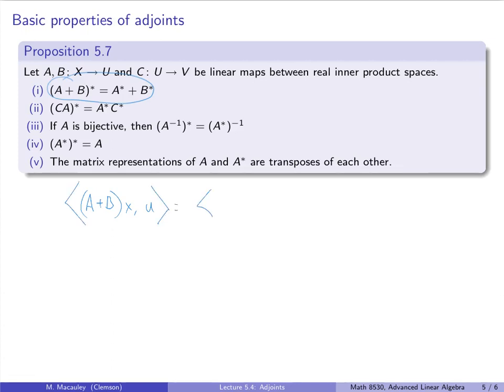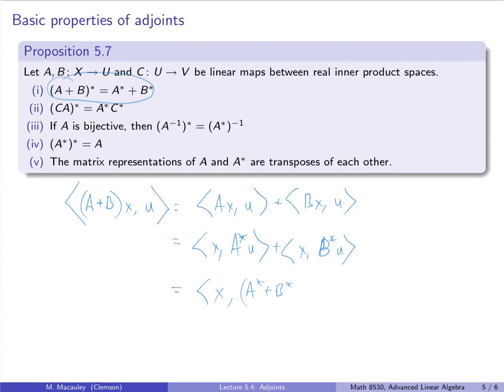So we can write this as the inner product of Ax and u, plus the inner product of Bx and u, and then we can individually write this as the inner product of x and A star u, plus the inner product of x and B star u. And then since this is linear, we just recombine it to be the inner product of x and (A star plus B star) times u. And that's that. So all of these basically work the same way, or at least the first four of them.